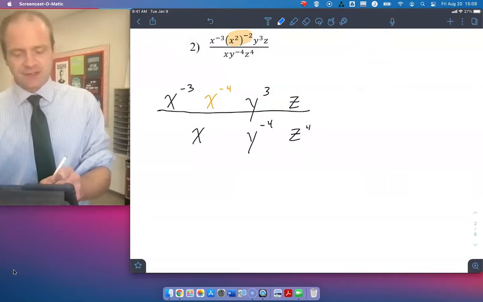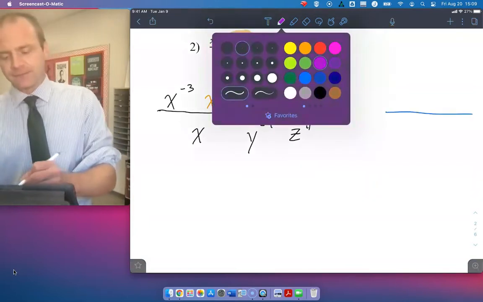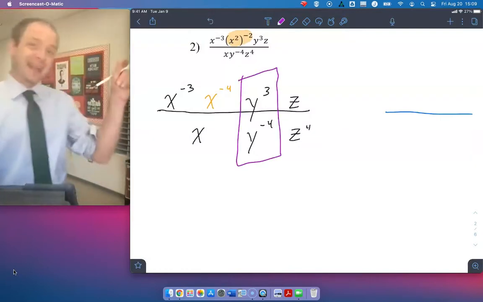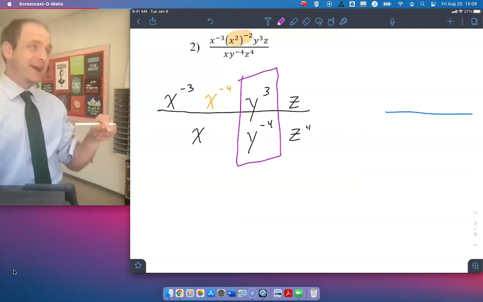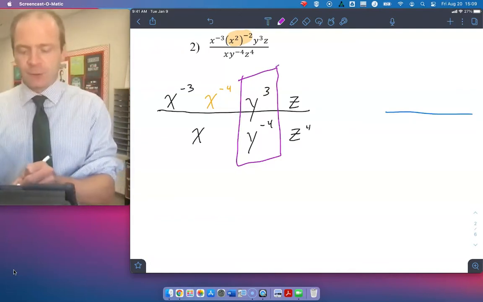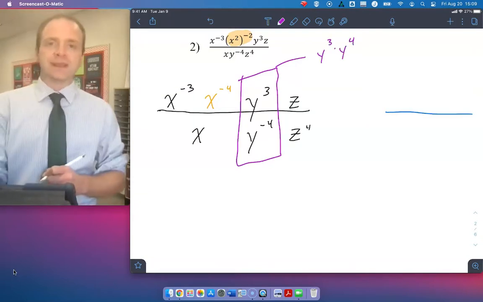If I look at this, and this will be my final answer spot, if I focus on the y's, that y to the negative 4th, I mean, that tells me it's on the wrong side of the fraction. It should be up there. So really, I would move the y to the 4th to the top, which means I'm going to add.